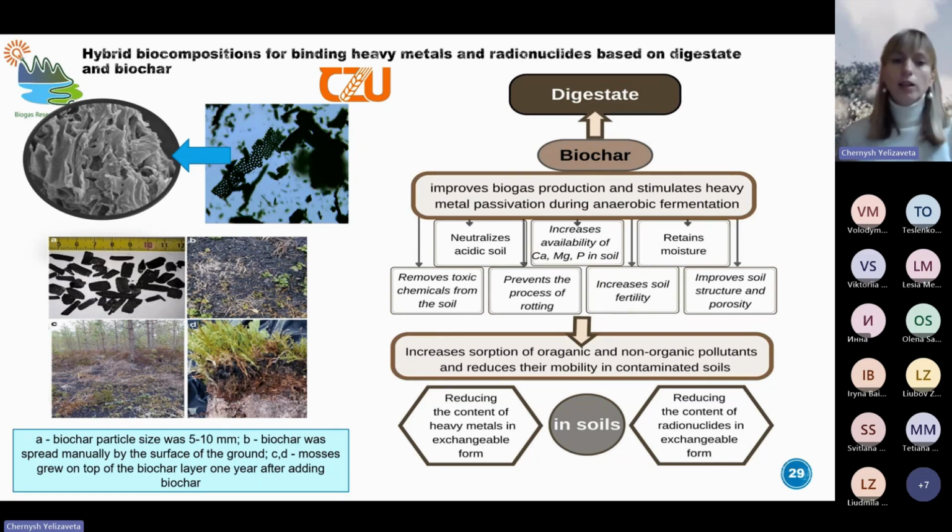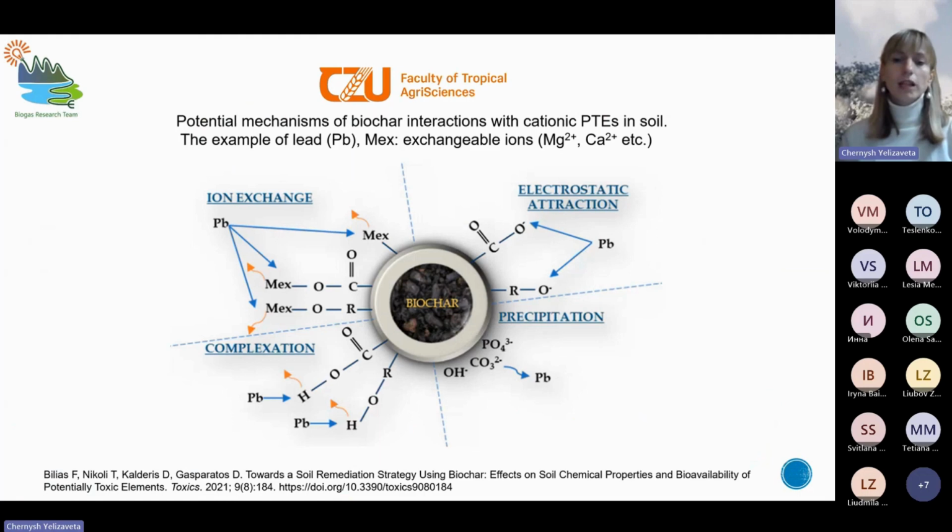In this way, it is also interesting to use biochar for binding heavy metals and radionuclides. The mechanisms of this binding are fixation, precipitation, ion exchange, and complexation, connected with features of biochar, with a lot of discussion, investigation and different research.